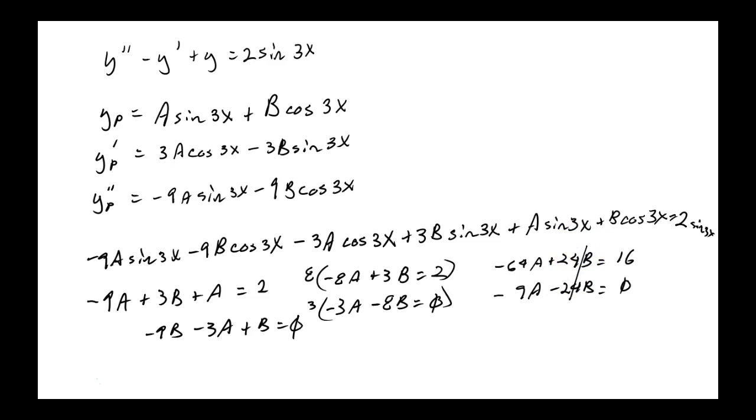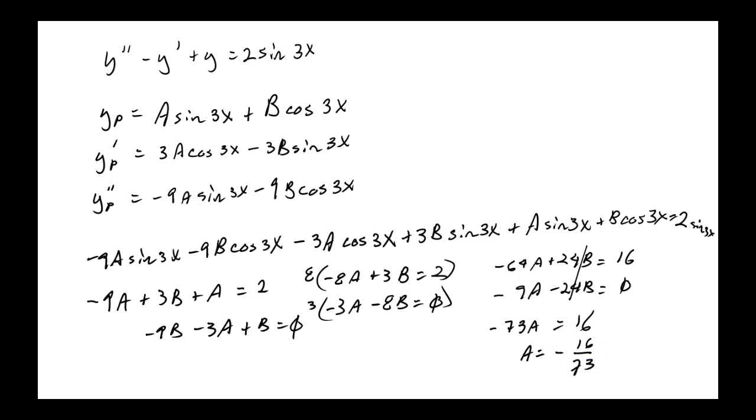Yeah. Okay, yay. All right. When you add these two together, you get minus 73a is equal to 16. So what is a equal to? Such an ugly number. Negative 16/73. Couldn't they have come up with a better thing than that?